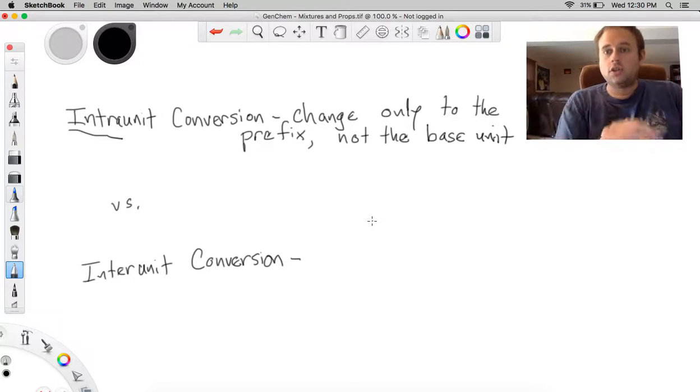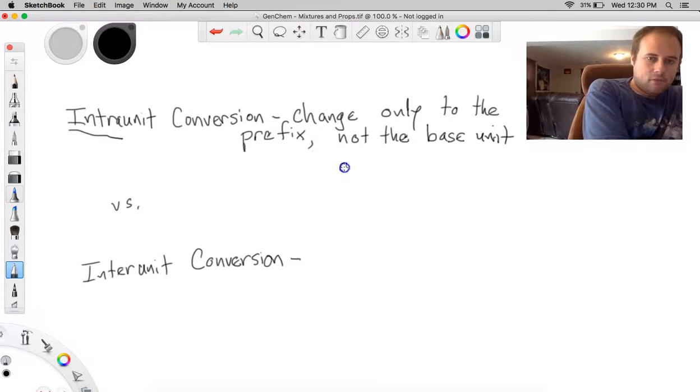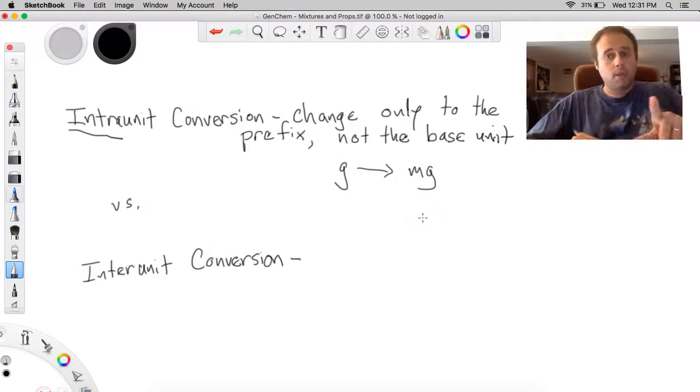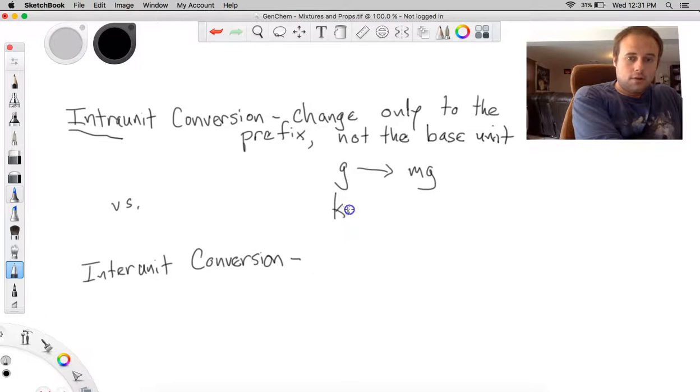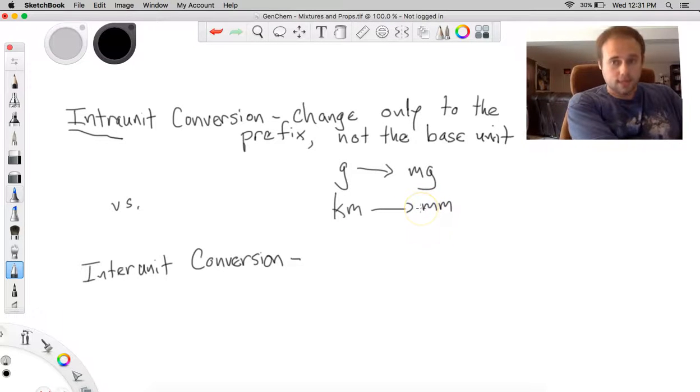I want to just change the amount of that base unit that I'm working with. So, for instance, if I have grams and I'd like to convert them to milligrams, point here being grams and grams, right? Gram base unit, milligram, some prefix with the base unit. I'm not changing this into pounds or something else. So, for instance, if I'd like to go from kilometers to millimeters, meter, base unit is not changing, only the prefix is changing associated with that base unit.